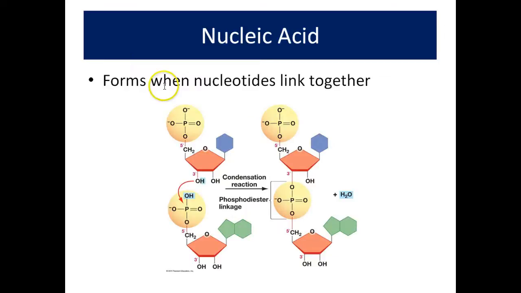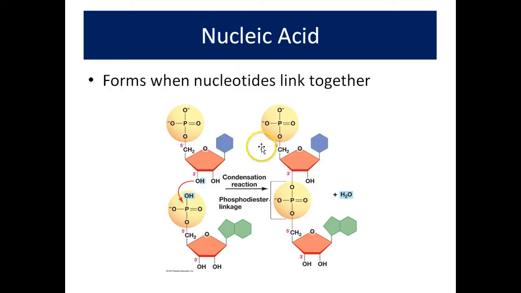So nucleic acid forms when each of these nucleotides, consisting of a sugar, a phosphate group, and a nitrogenous base, are linked together through what are called phosphodiester linkages. If you look here, you can see that there is some sort of a pyrimidine attached to this sugar, which has a hydroxyl group, which means that it's ribose.